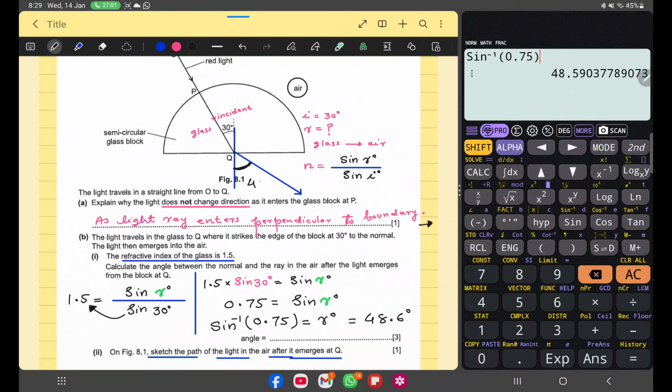So you will draw the emergent ray at 49 degrees.